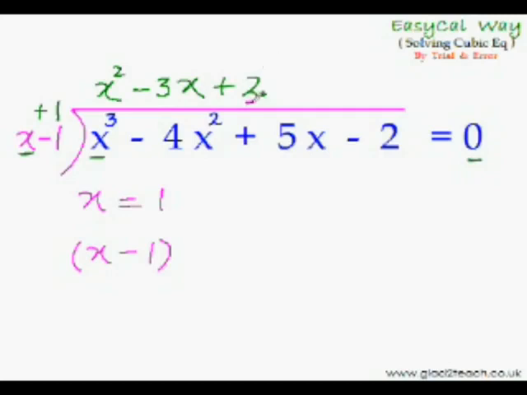Two factors of 2 whose sum or difference is 3 would be 1 and 2, isn't it? 1 plus 2 is 3. Now since their sum is negative, therefore they must be negative. And that takes care of the positive product as well. See, minus 1 times minus 2 is plus 2 and minus 1 minus 2 is minus 3.